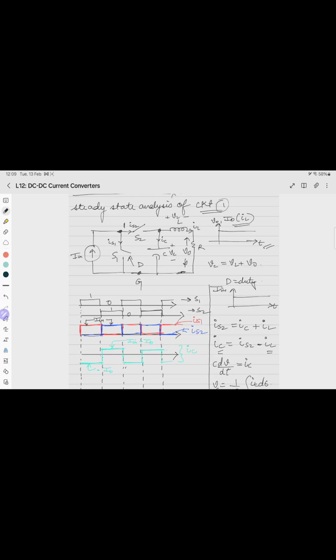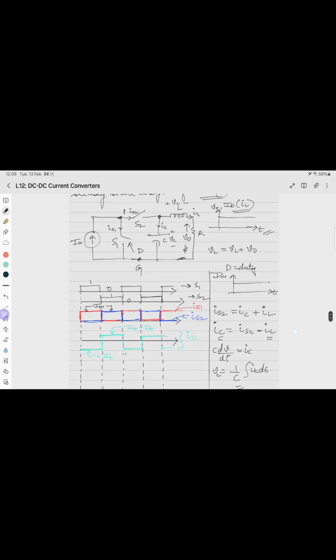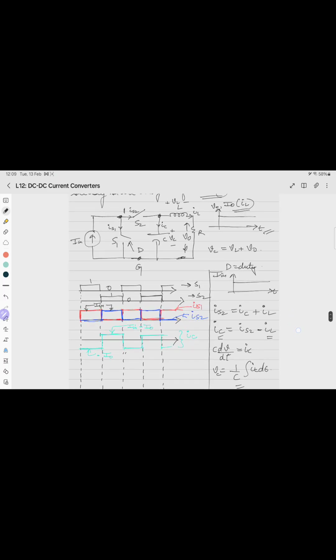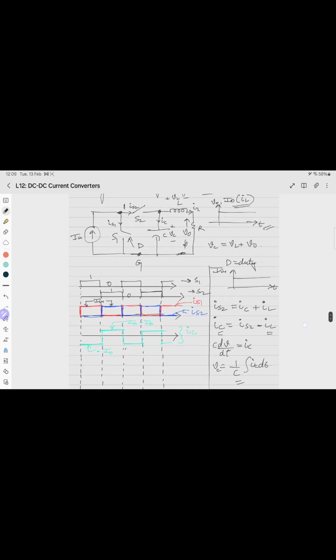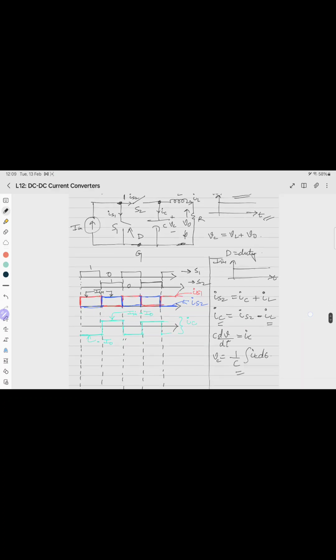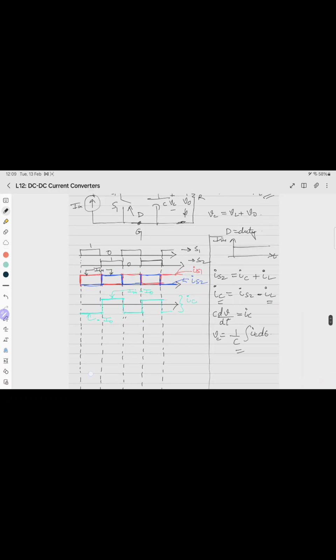And vice versa, when S2 is on, we can't determine the voltage across the capacitor because there is a current source lying there. So we'll take it that the capacitor has some average value of voltage.